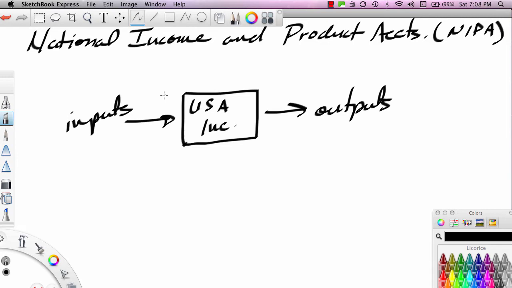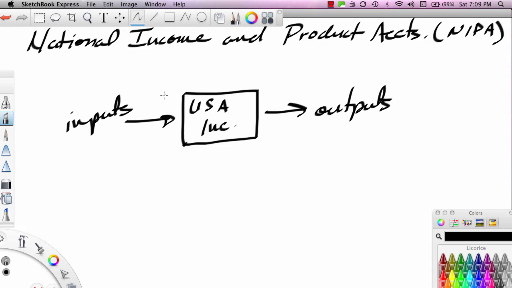Well, the fact is that we have a very large and sophisticated economic data collection system for the U.S. economy. And this data collection system provides information to Congress and the President and to other agencies that are responsible for helping carry out important government functions in the U.S. economy.